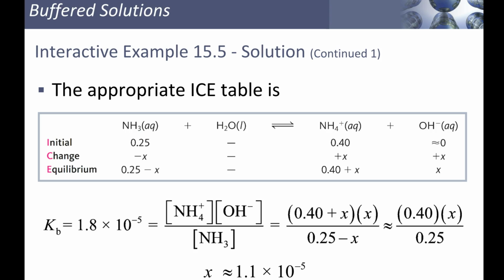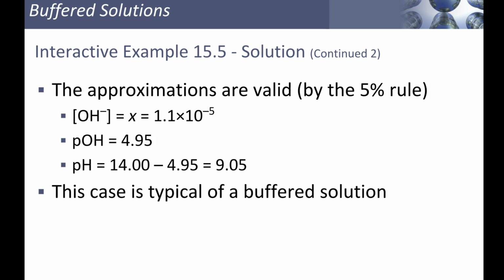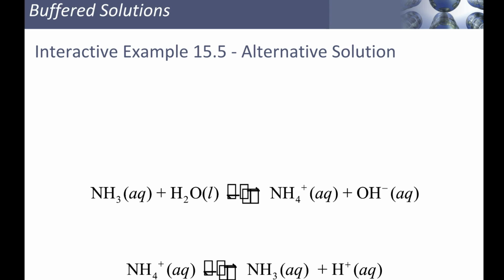You do your regular ice table, and you plug in, and you solve for X. X becomes 1.1 times 10 to the negative 5. By the approximation rule, you're good. But your X here is hydroxide, not hydrogen, right? You don't have hydrogen here. So once you find your pOH, can you find pH? How? Like this. Okay? So initial and equilibrium concentrations of the buffering materials are pretty much the same.